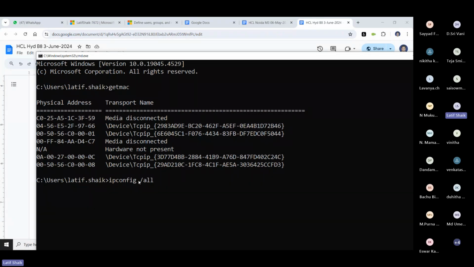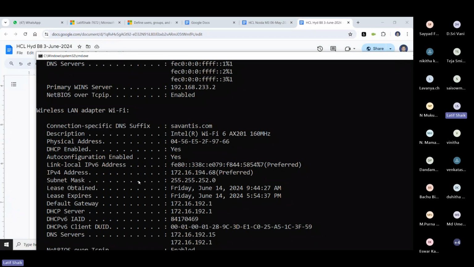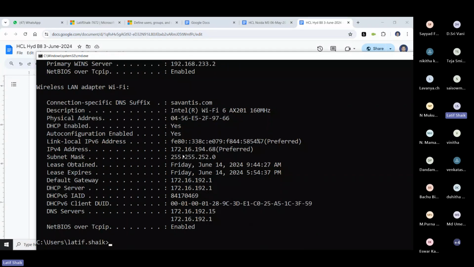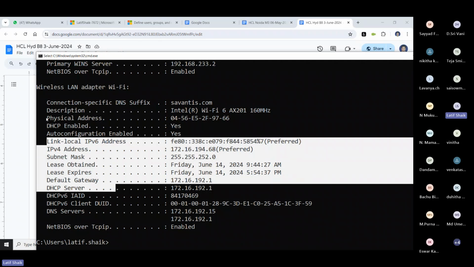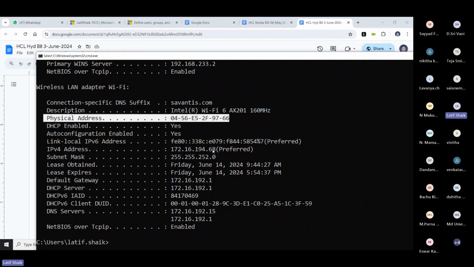Getmac will give you your MAC addresses and the device names, though we cannot tell which device is which. If you go to ipconfig/all, it will give your IP address, subnet mask, default gateway, DNS server addresses, plus your device name and your MAC address, and further details also.